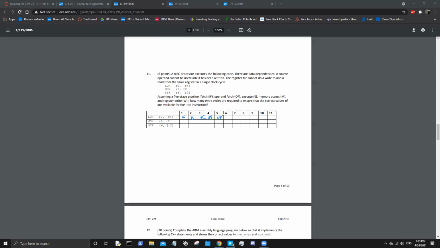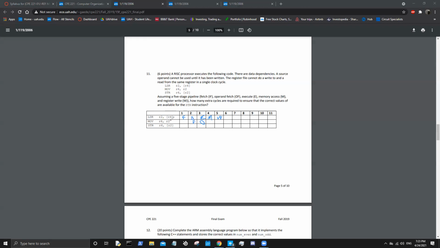Now, what's the next step here? Well, we can start with the fetch. Oh, this is a tricky one. I get it. All right. So we then do operand fetch. Now remember, we need to fetch R2, right? We need R2 in order to perform a move because we're copying the contents of R2 into R6.